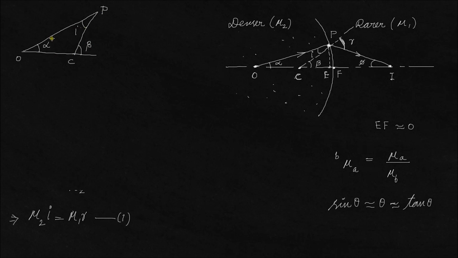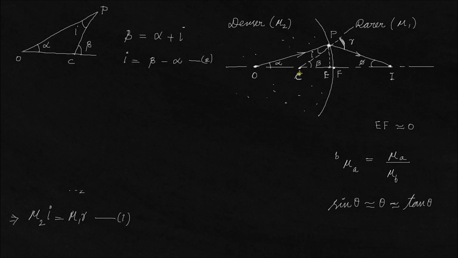So from this triangle, we have beta as the exterior angle. The exterior angle will be equal to the sum of the other two interior angles, alpha plus i. And that will give i is equal to beta minus alpha. Call this equation number 2.